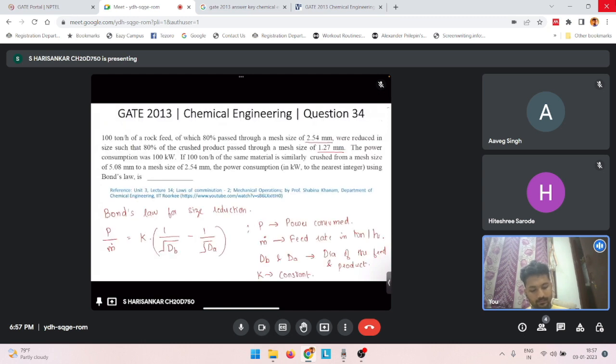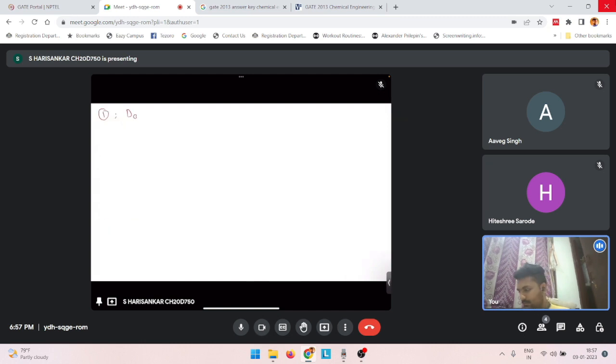The diameter dA is given as 2.54 mm, dB is given as 1.27 mm. The power consumed P is given as 100 kilowatt, and the mass feed rate m dot is given as 100 ton per hour.